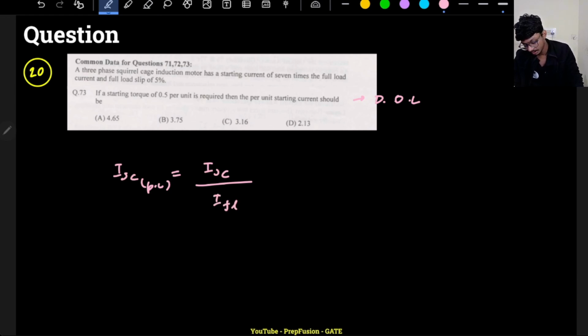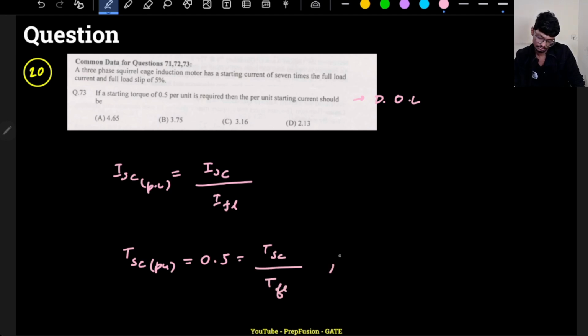Now they are asking the starting torque is 0.5 pu, so it is direct online only. So 0.5 is equal to TSC actual upon T full load. And T full load is 3 upon omega s into I full load whole square into R2 upon S full load.